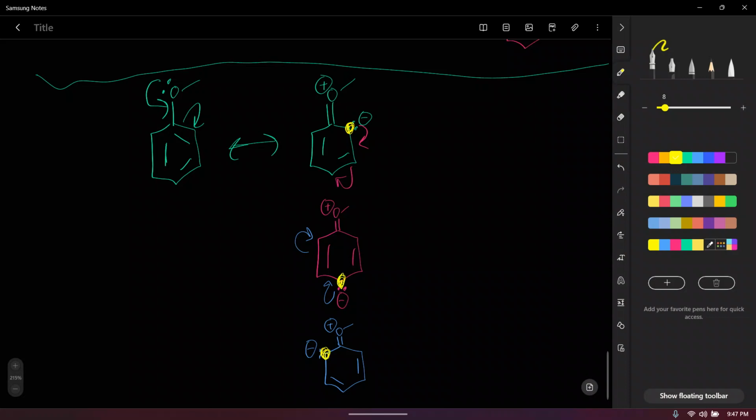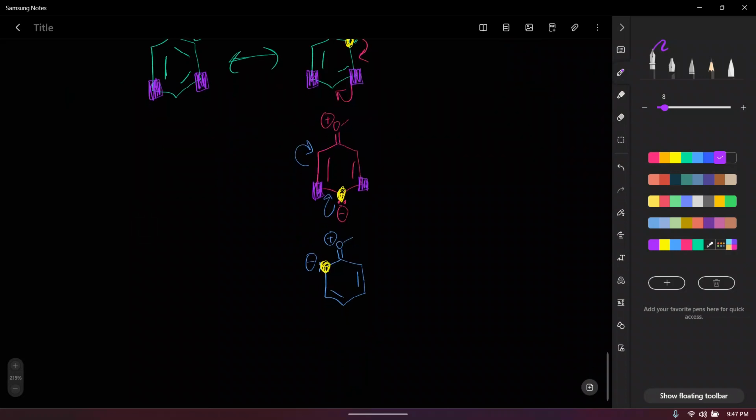The meta position, which I'll do in purple, never actually gets the carbanion. The only positions that actually get the carbanion are the ortho and the para positions.